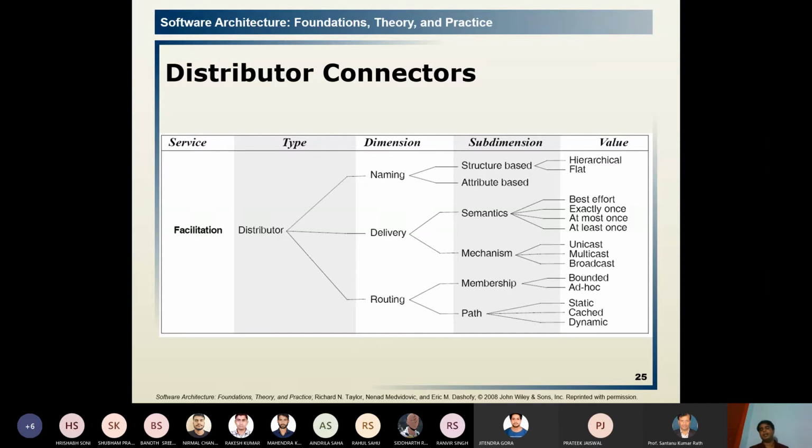Three types of path. Static path means you always have to follow a single path. Dynamic means from one router you have to change your path, because one router connects to multiple routers. You may connect through router 1. If in router 2 you have very much congestion.